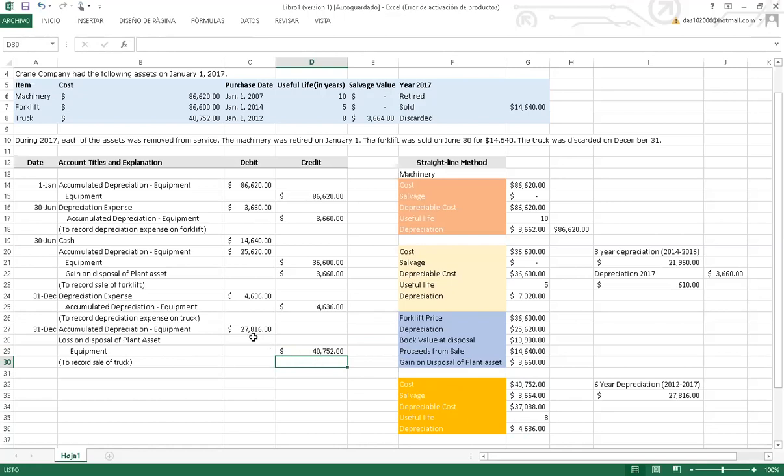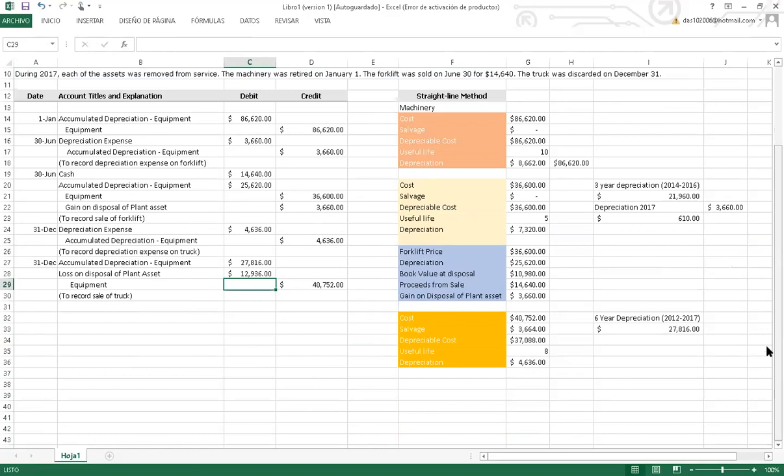And then to calculate the loss on disposal on plant assets is going to equal the 40,000 minus the accumulated depreciation. That is going to give us a total of $12,936. And that's how we calculate all of these.